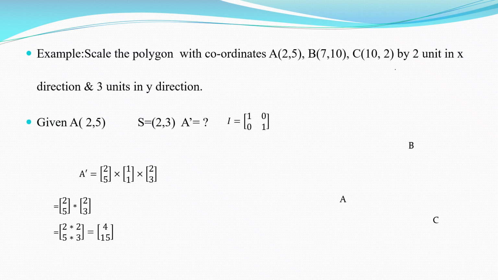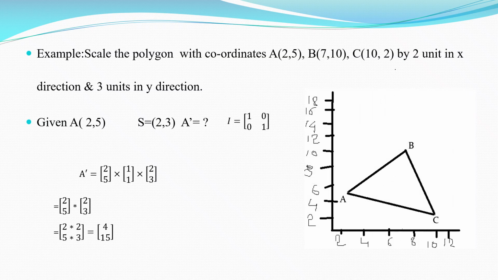This is the matrix multiplication, and these are your given A, B, C coordinates. The given parameters form a triangle. The figure shows the A, B, C coordinates making a triangle. We implement this using s of x as 2 and s of y as 3.